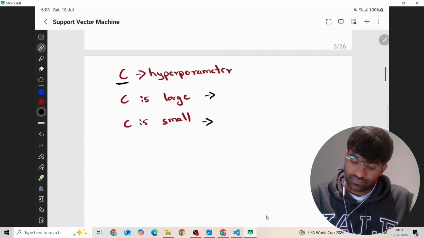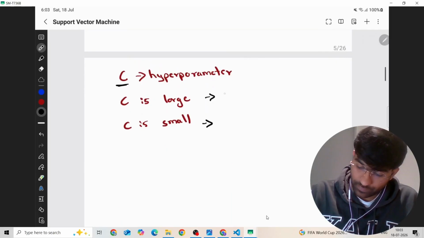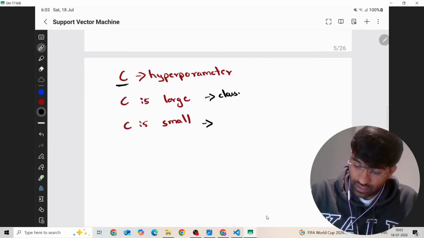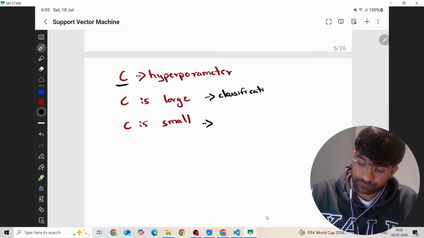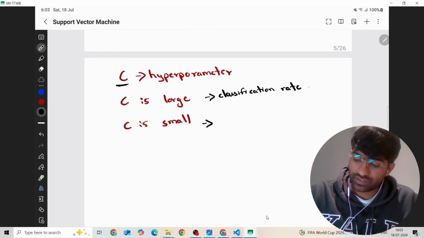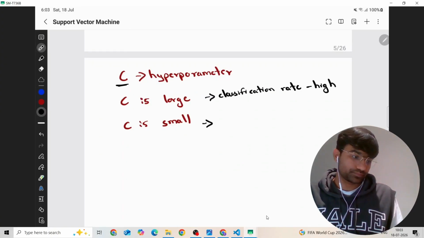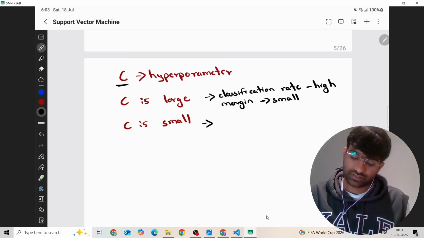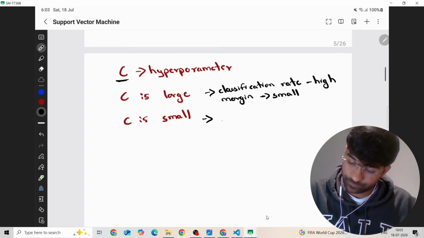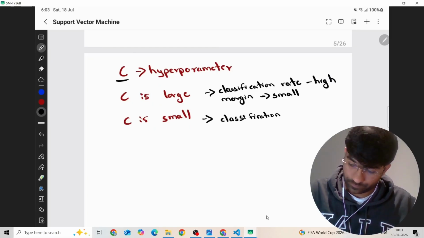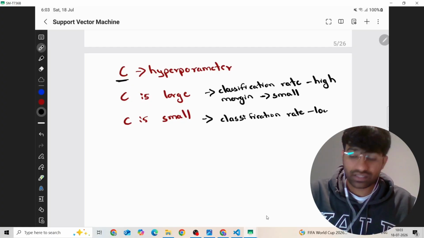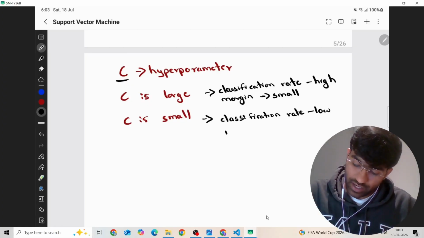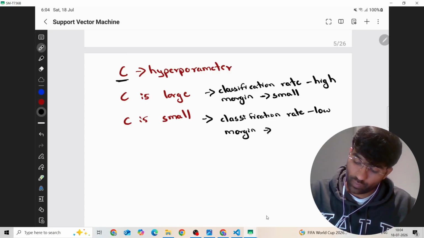If C is large, then classification rate should be high. Margin is small if C is large, and if C is small, classification rate will be low, meaning there are misclassifications, and the margin is wide.